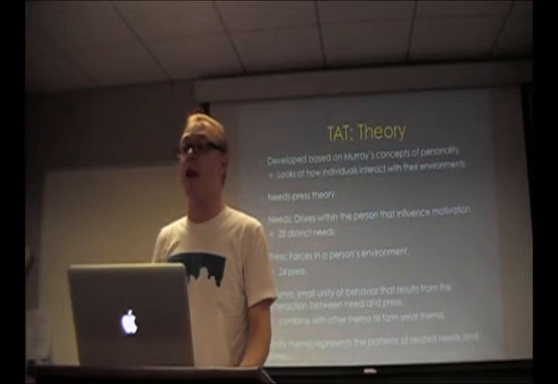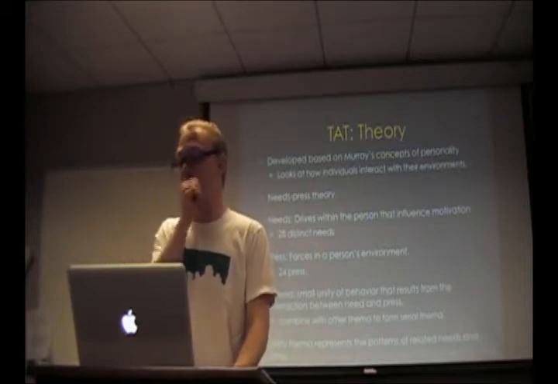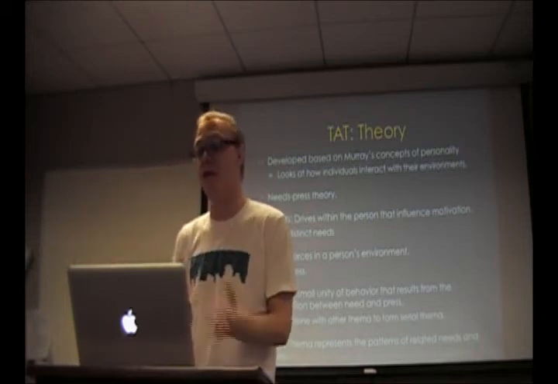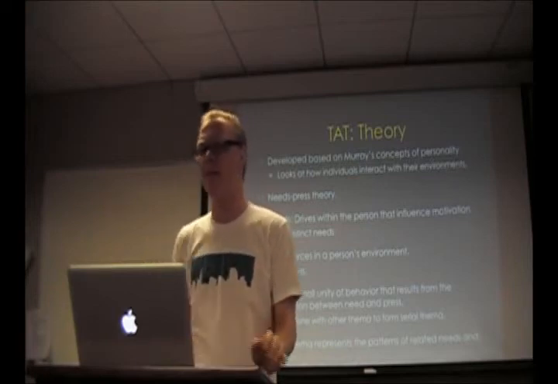So the teachers are not necessarily being very receptive. That's press. They're the forces in the environment that are pushing and pulling for something that are at conflict with this individual's needs. Does that make sense? Yeah.